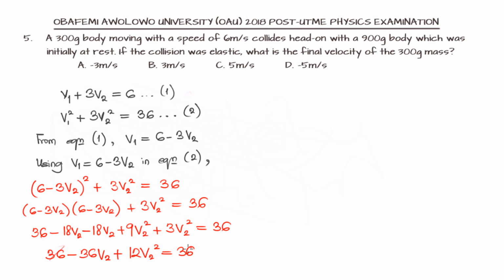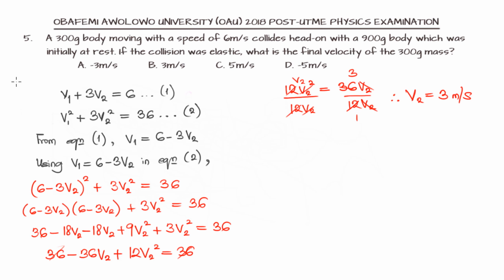Now, when 36 moves to the other side, it will be subtracted, and that will just take out the 36, so that we have 12 v2 raised to power 2 is equal to 36 v2. Dividing both sides by 12 v2, on the left-hand side, we are going to have only v2, and on the right-hand side, we have 36 divided by 12, which is 3. So our v2 is equal to 3 meters per second.